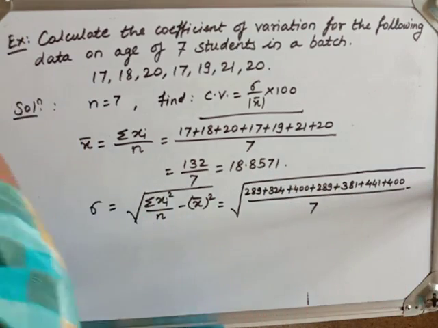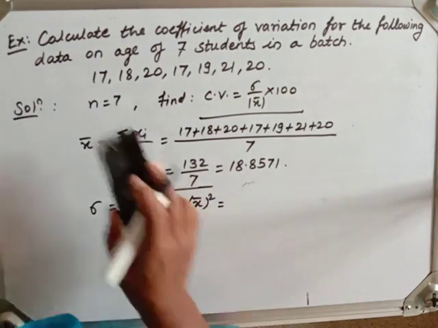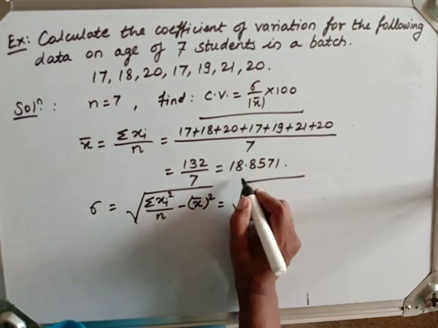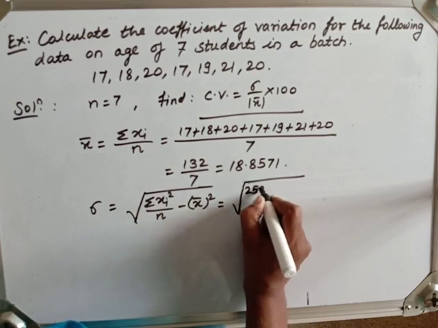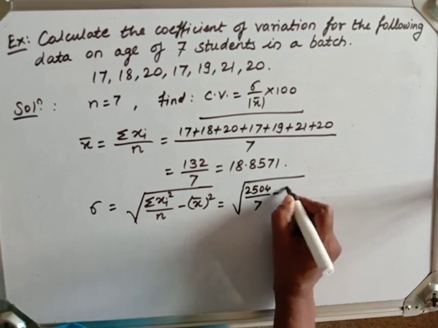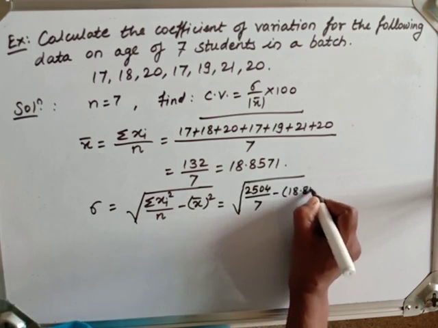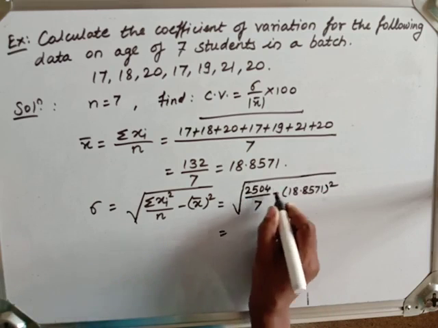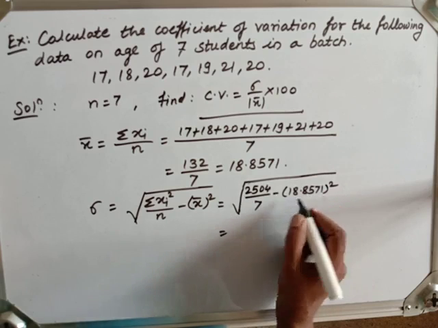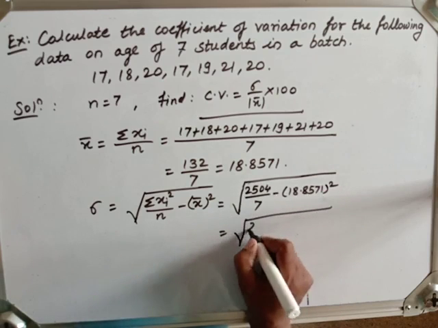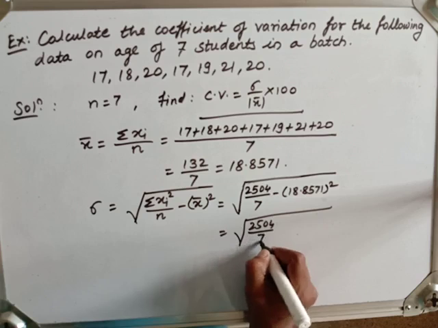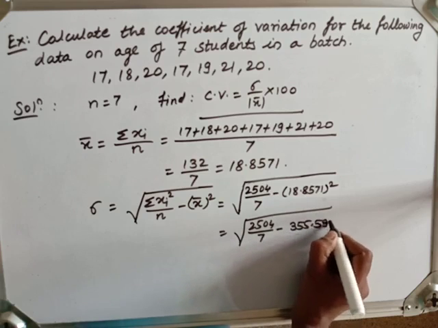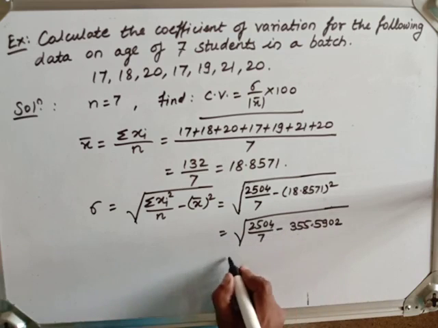That sum will be 2504. So 2504 upon 7 minus 18.8571 square, which is 357.7143 minus 355.5902, up to 4 decimal places.